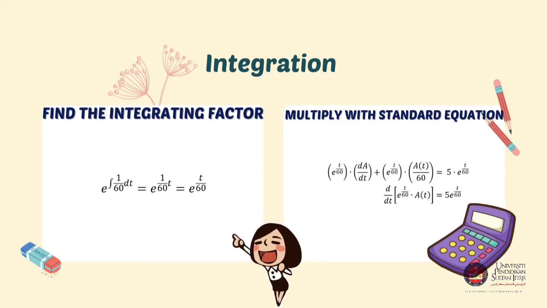As we find the integrating factor, multiply it to both sides of the standard form equation like this. As we can see, we can factorize it as d over dt of the bracket e to the power of t over 60 times A(t) equals 5 e to the power of t over 60.